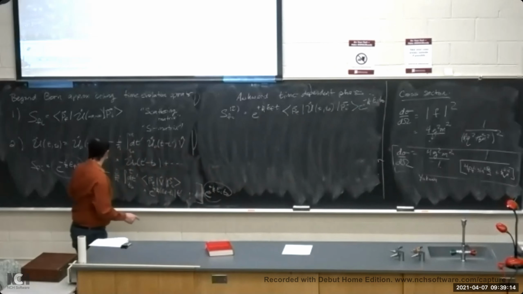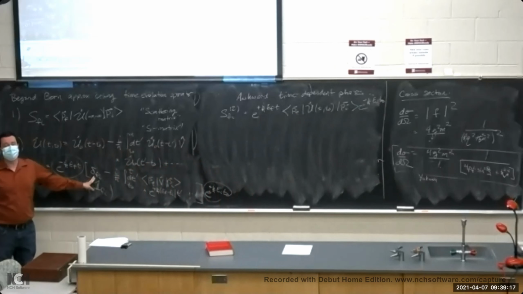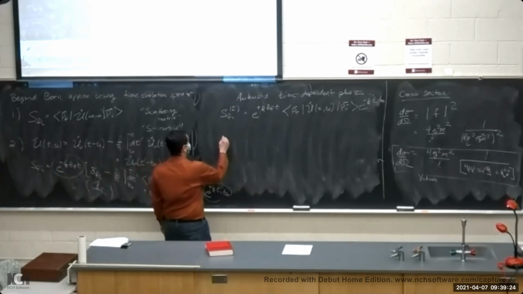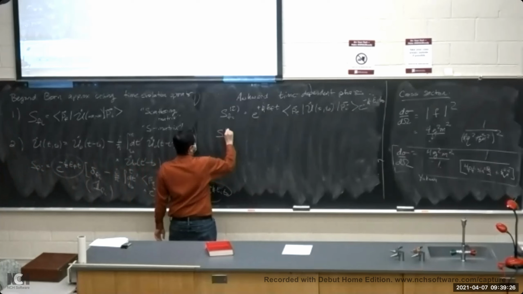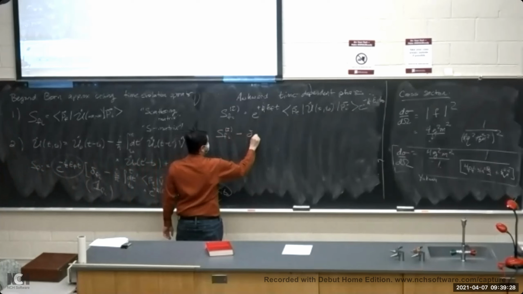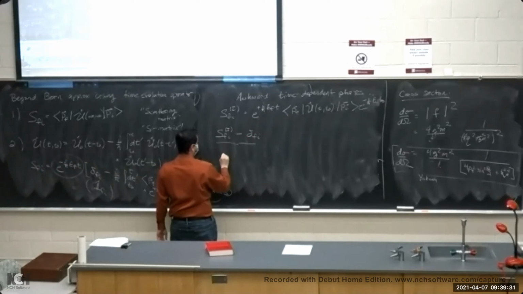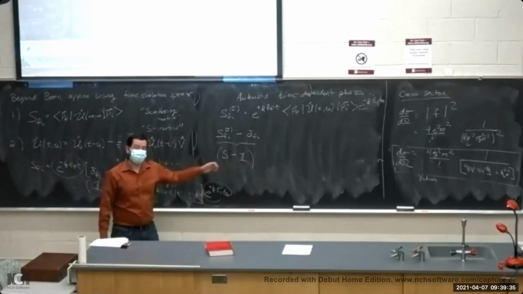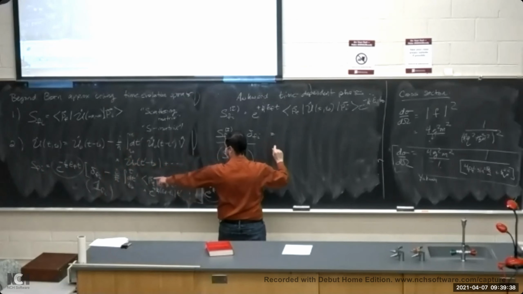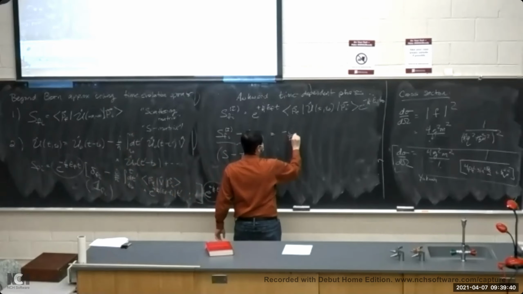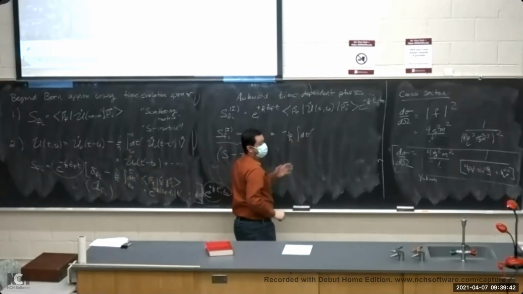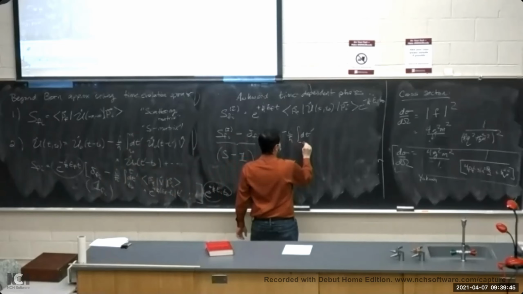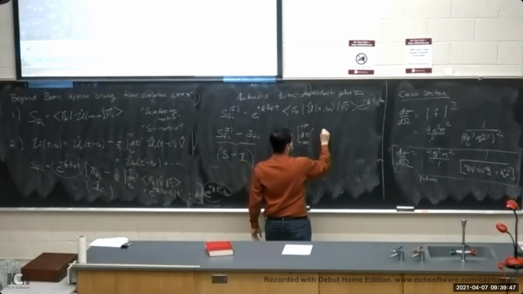The other thing is that I really don't care about the trivial term where no scattering occurred. So usually one subtracts out the Kronecker delta piece here, and you write something like S_FI in the interaction picture minus delta_FI. Sometimes you also see it written as S minus 1. This is the part that actually contains scattering. If I write this expression, I have minus i over h bar integral dt prime, and now I can safely take the limit minus infinity to plus infinity.